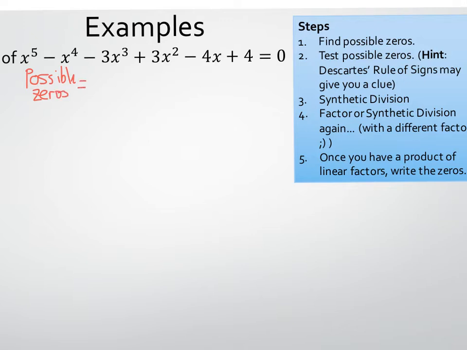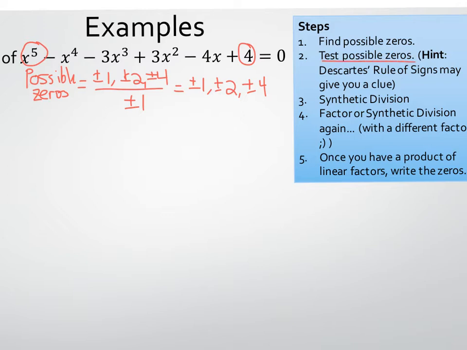And remember we're going to take the factors of the constant divided by the factors of the leading coefficient. So that leaves us with possible zeros plus minus 1, plus minus 2, plus minus 4. Now, remember we're going to test possible zeros.